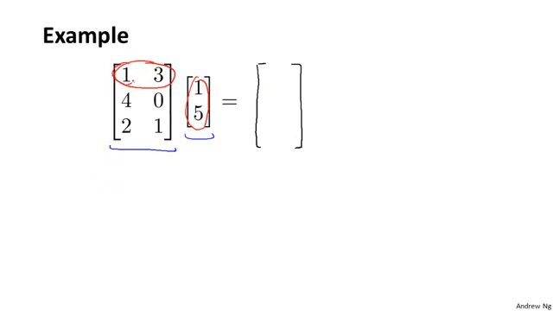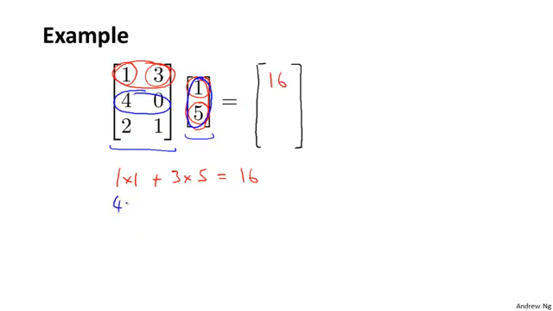I'm going to take 1 multiplied by 1 and take 3 and multiply by 5. And that's 1 plus 15, so that gives me 16. I'm going to write 16 here. Then for the second element, I'm going to take the second row and multiply it by this vector.